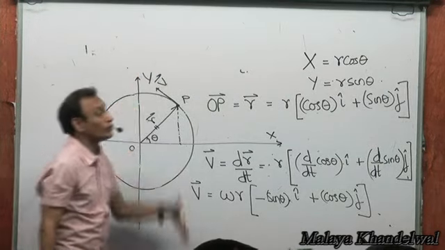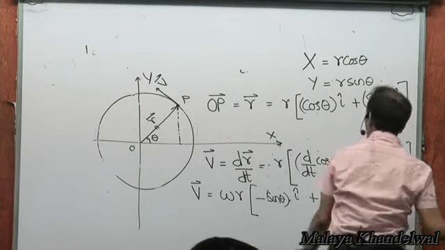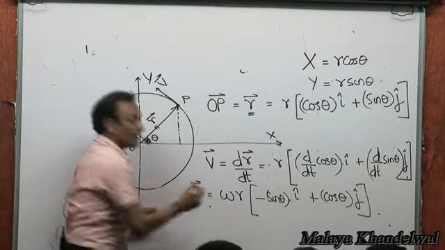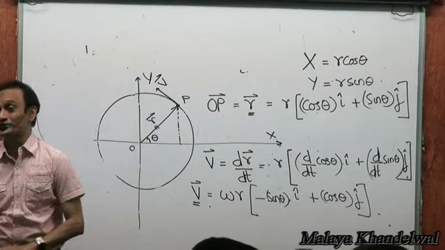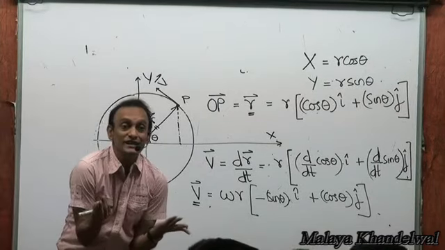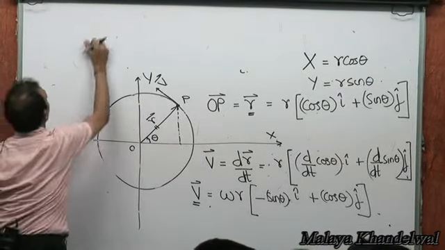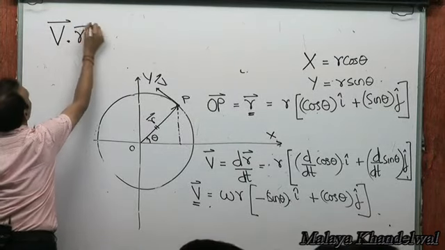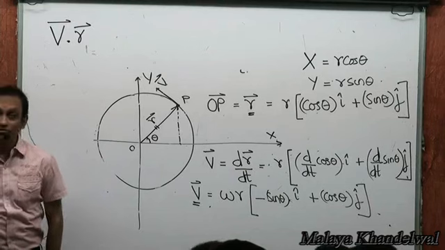Yes or no? Now, to show that V is perpendicular to R, this is the vector R, this is the vector V. When would these vectors be perpendicular to each other? If their dot product is 0. So, if I can demonstrate that V dot R is 0, then the problem is solved. Then V will be perpendicular to R, yes or no?